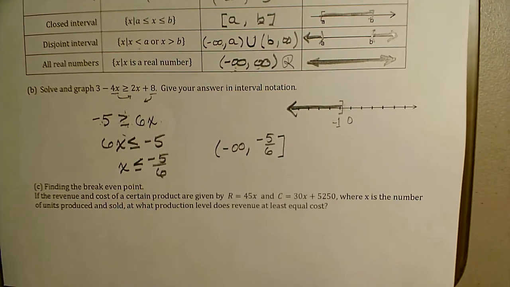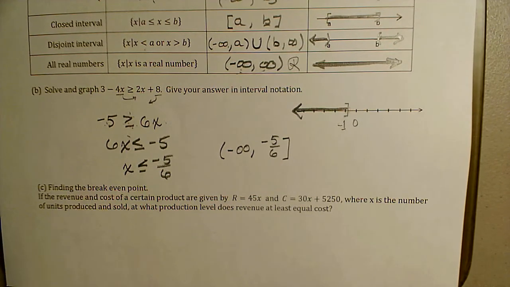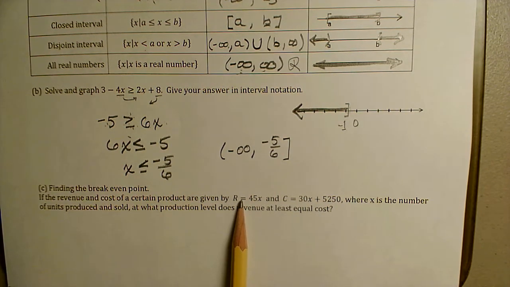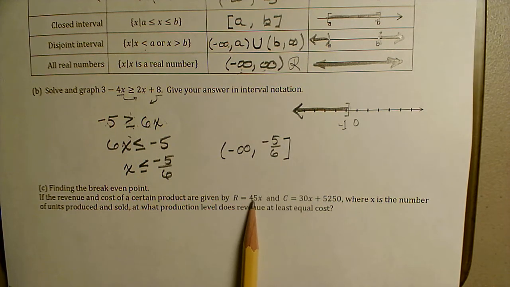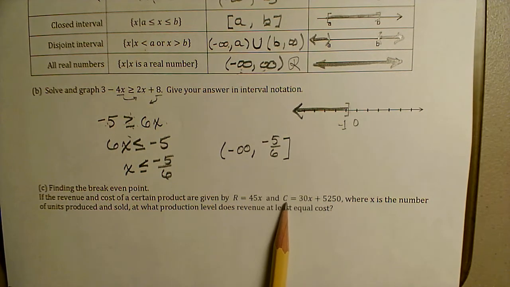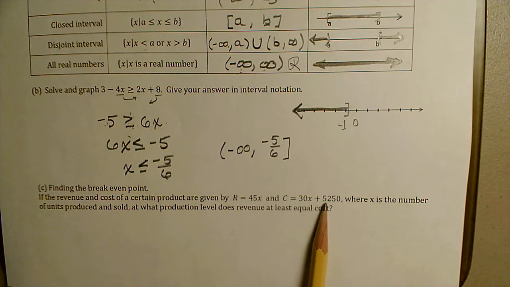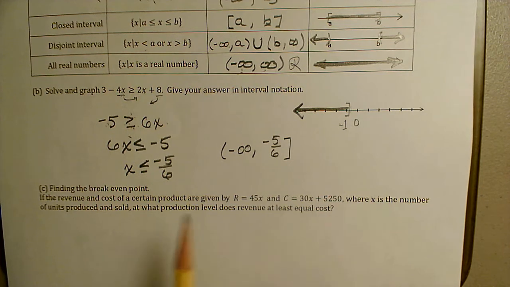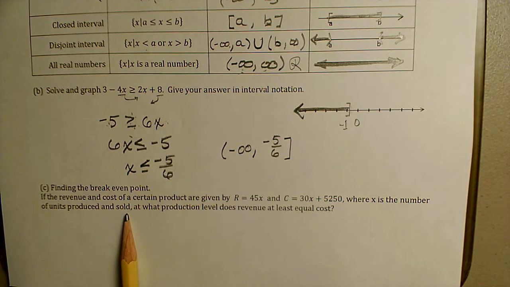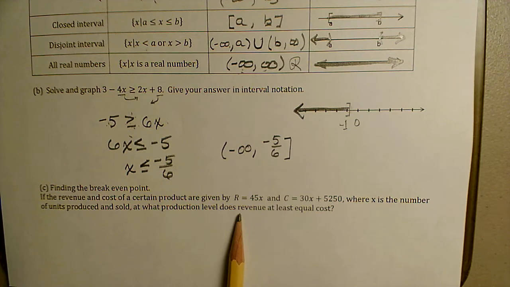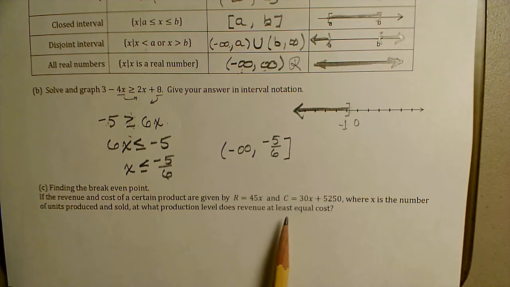And then letter C. We want to find the break-even point here. That means at what point do we start making a profit, typically. So if the revenue and cost of a certain product are given by, and this is the revenue, R is equal to 45x, and C, that being the cost, is equal to 30x plus 5,250, where x is the number of units produced and sold, at what production level does revenue at least equal cost?